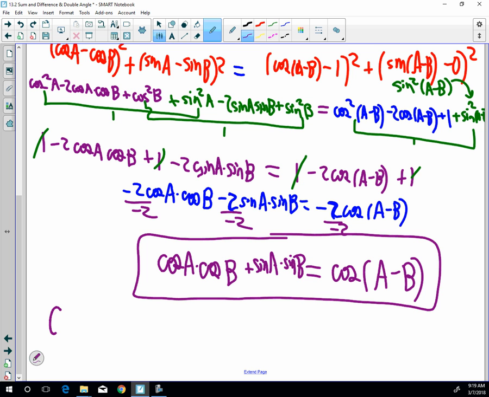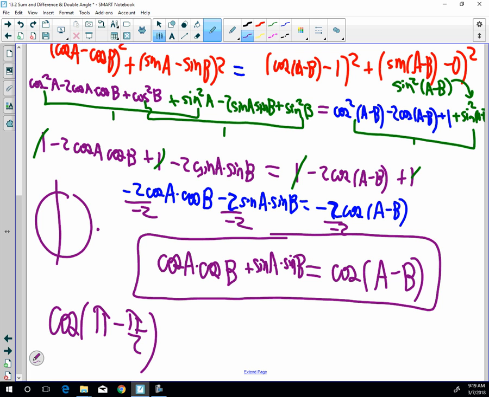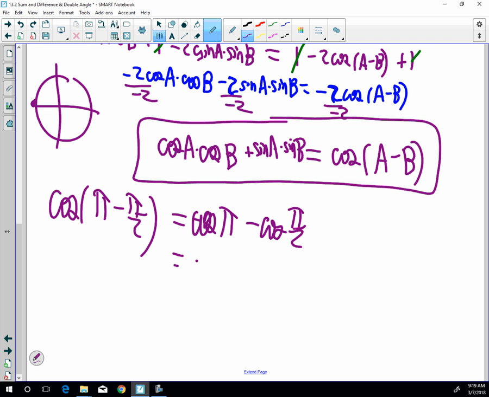Or if I wanted to go the cosine of pi minus pi over 2. Well, I know on the unit circle, the cosine of pi is negative 1. Cosine of pi over 2 is 0. Is it the cosine of pi minus the cosine of pi over 2, negative 1 minus 0?